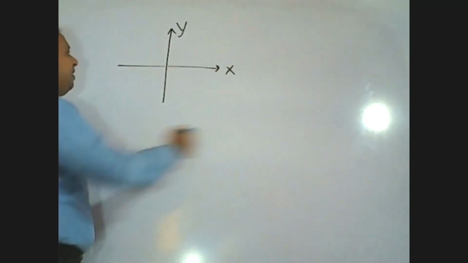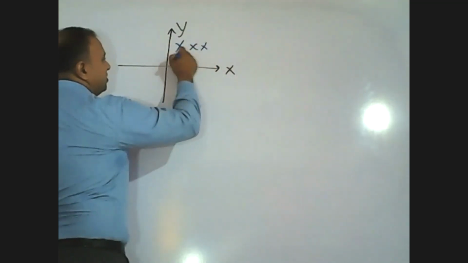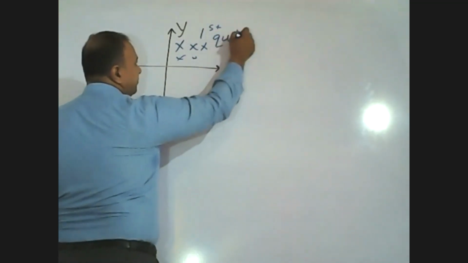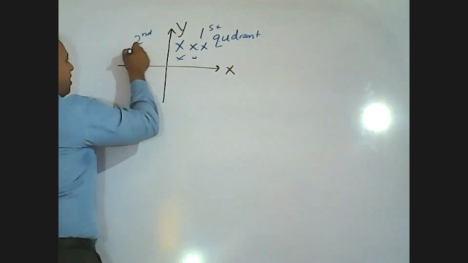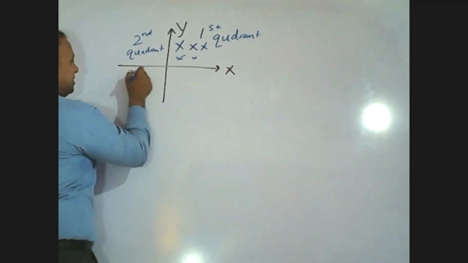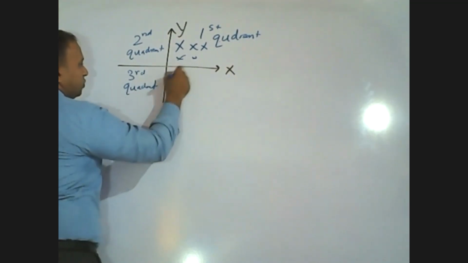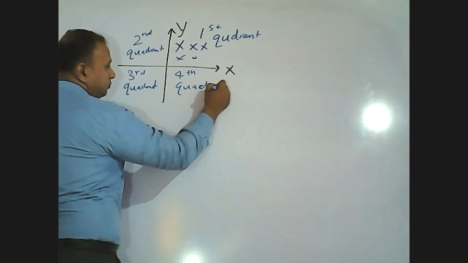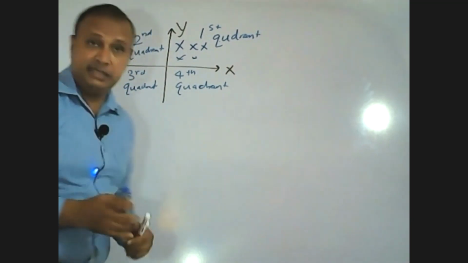In this Cartesian plane, this section is called the first quadrant. This section is called the second quadrant. This part is called the third quadrant. This one is called the fourth quadrant. Those are the 4 quadrants in the Cartesian plane.